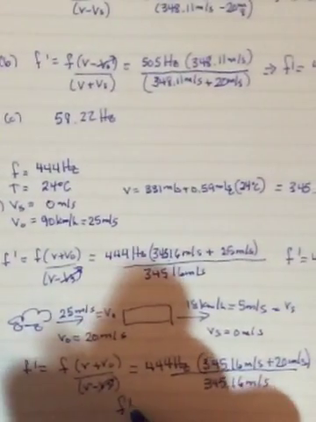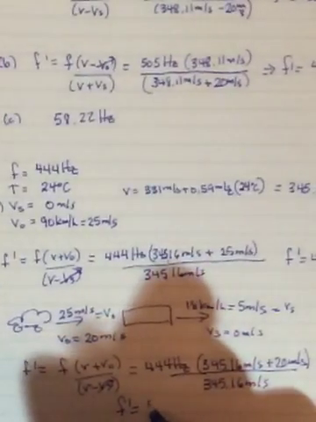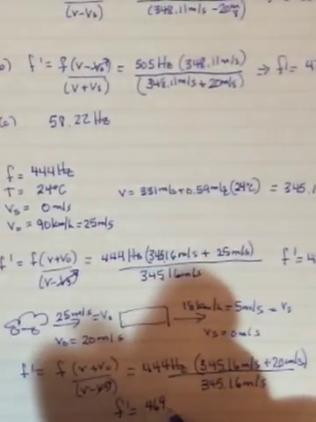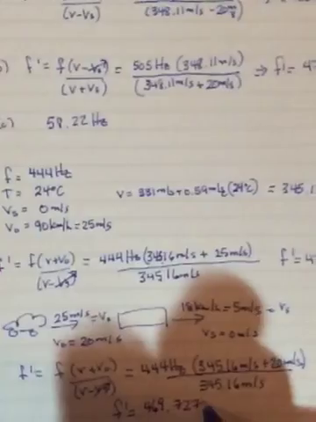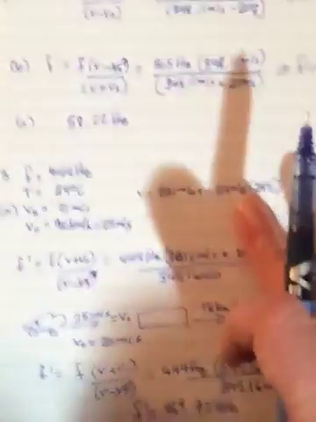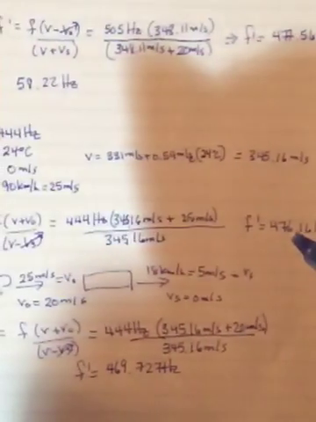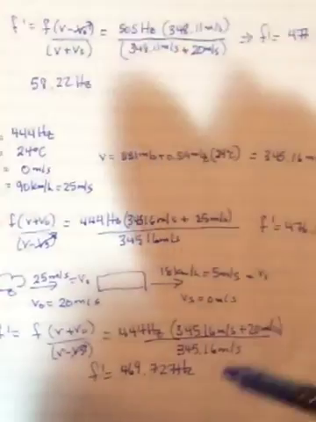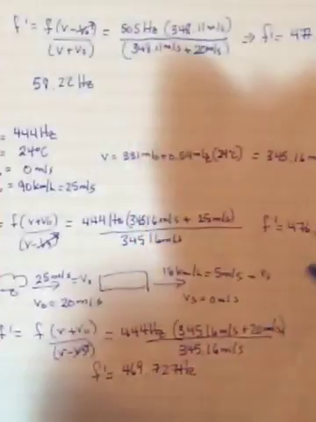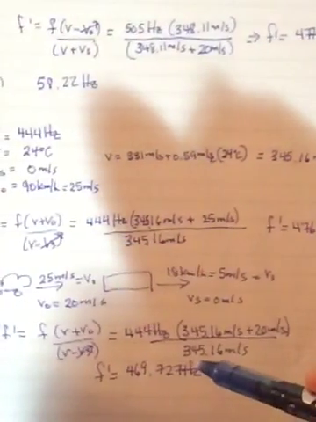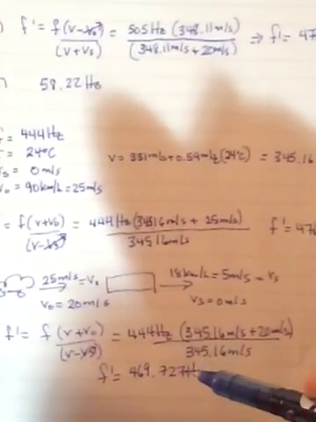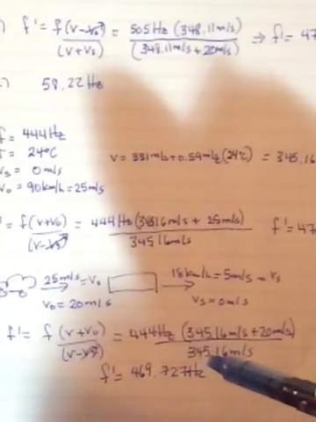And when you do this, the apparent frequency is 469.727 hertz. That is bigger than the original frequency, but smaller than the one when the train was stationary and the car was approaching at 25 meters per second. That should make sense. It's not approaching it as quickly, so the apparent frequency should not be as big.